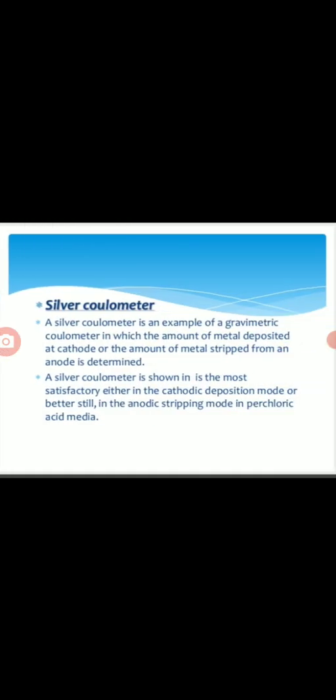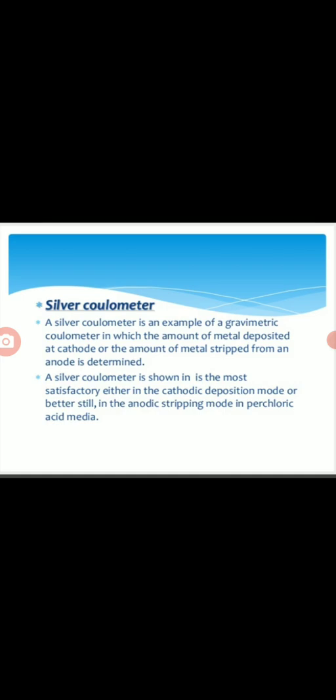Silver coulometer. A silver coulometer is an example of a gravimetric coulometer in which the amount of metal deposited at the cathode or the amount of metal stripped from an anode is determined. We know that cations are attracted toward the cathode and anions settle at the anode, so this principle is applied here.